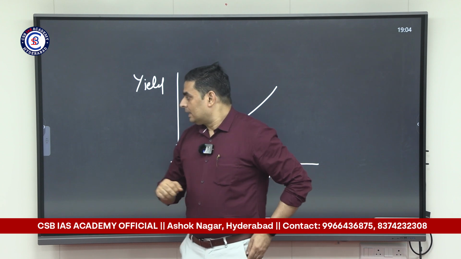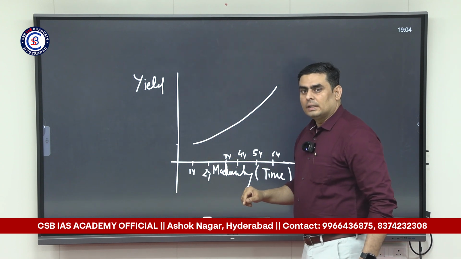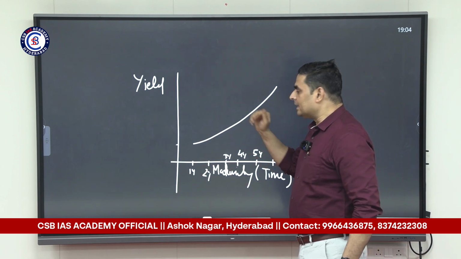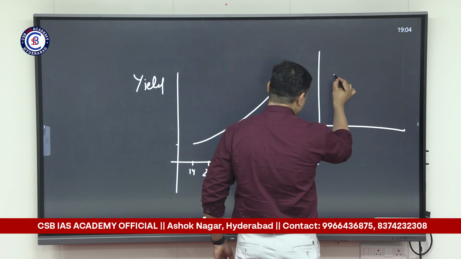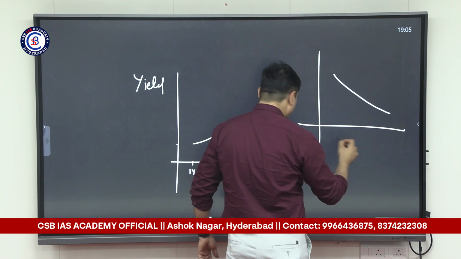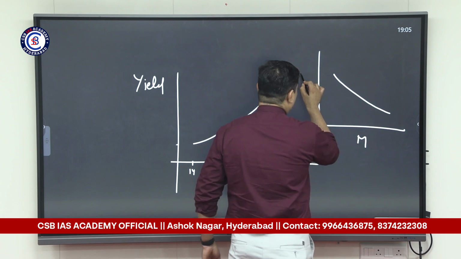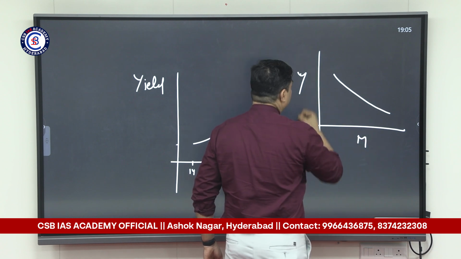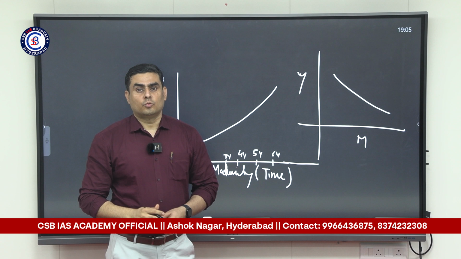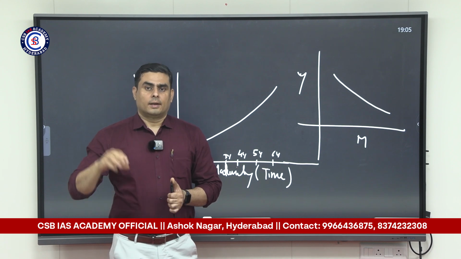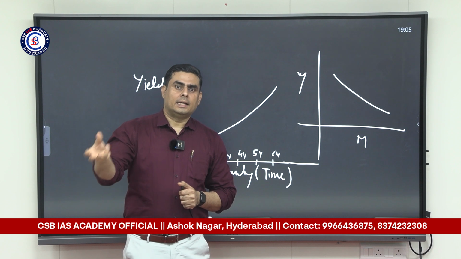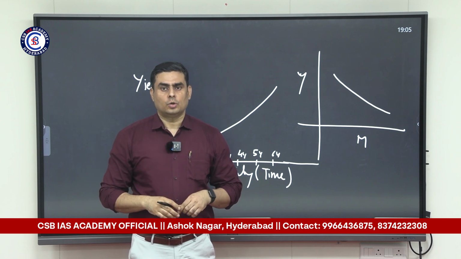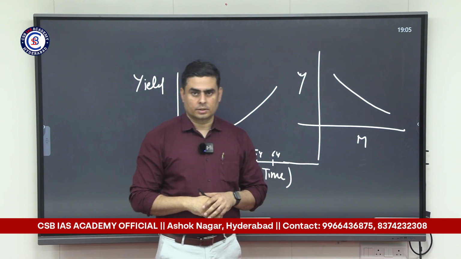Then this yield curve, which was going in this manner, is going to change its course and become like this, where one axis is maturity and the other is yield. So investors decide, rather than investing long term, to invest in the short duration.